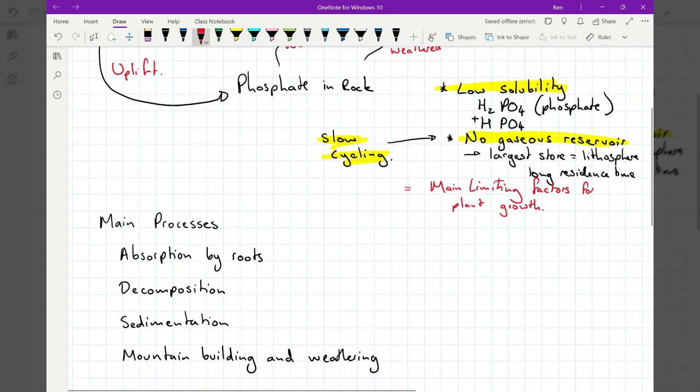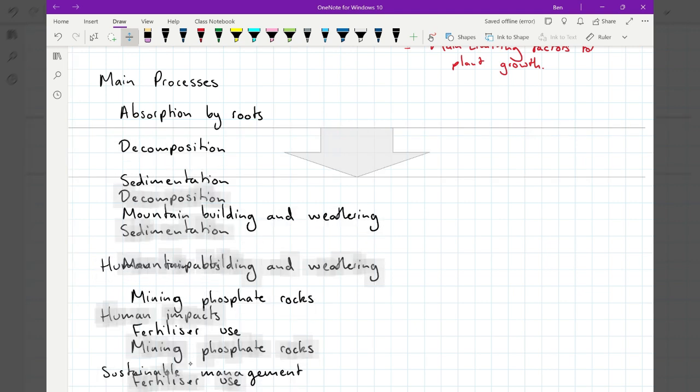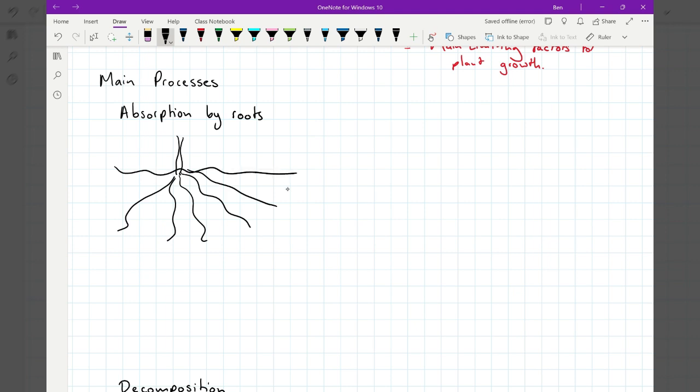So let's have a look at some of the main processes then. The first one is absorption by roots. So roots of plants extend into the soil and they give them a large surface area. However, these are not very efficient.